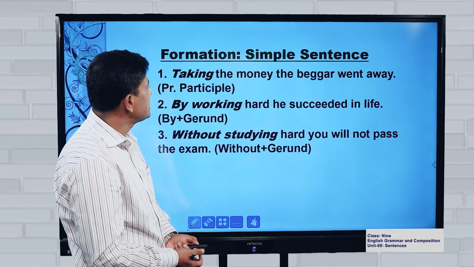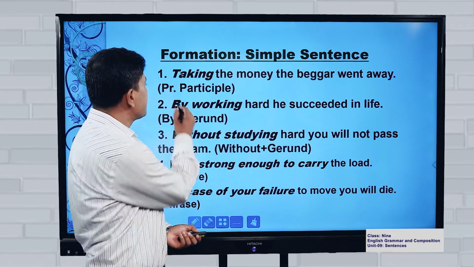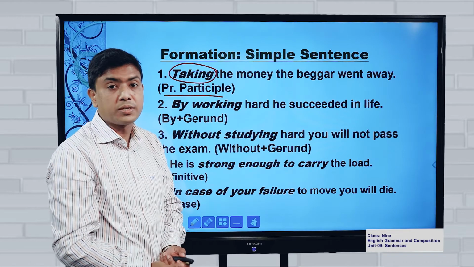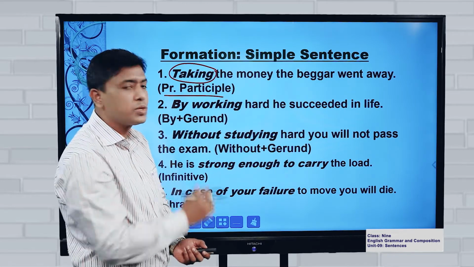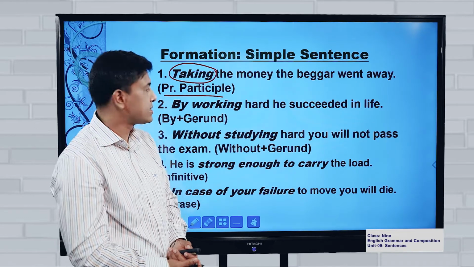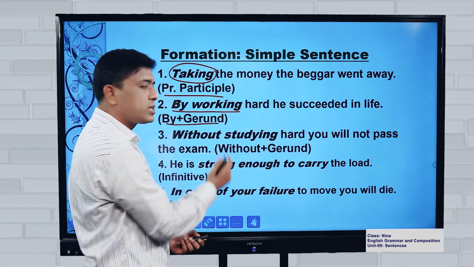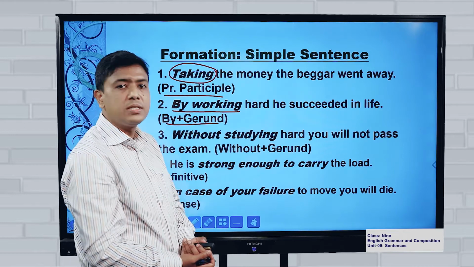See the first one, taking the money, the beggar went away. This is an example of present participle, which is verb plus ing formation. It is a non-finite verb, and with the use of these non-finite verbs, we can easily form simple sentences. The second one, by working hard. Here, the by gerund rule is applied. By working hard, he succeeded in life.